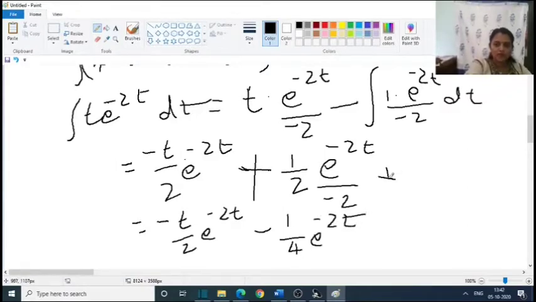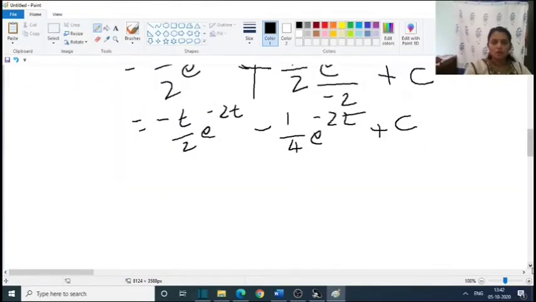After this, plus c is there, the constant of integration. Now substitute in 2.